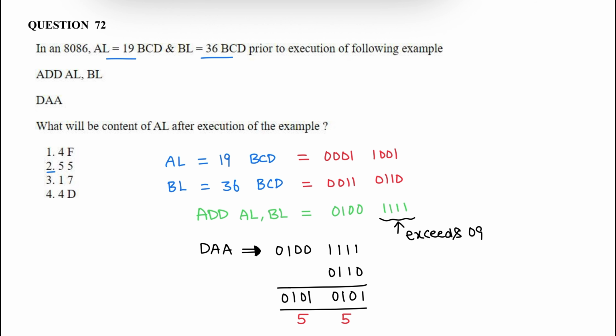Now ADD AL, BL adds the content of the AL and BL registers. On addition we get 0101 1011 0011 0101. Again 110 carry is 1, 110 carry is 1. So this can be written down. Now the lower value is all ones and the higher one is 0100.